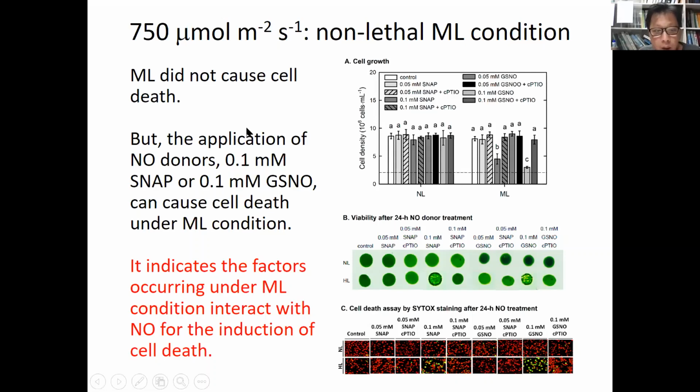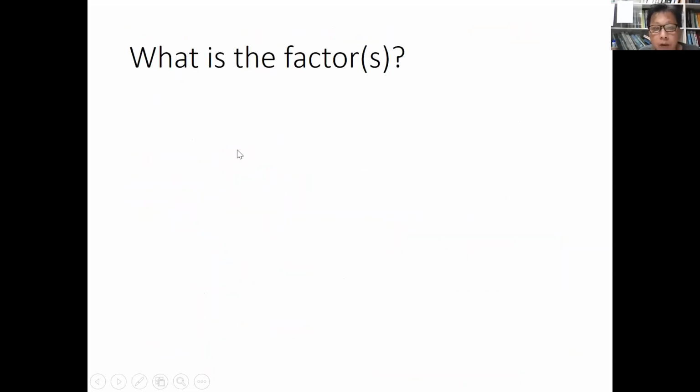But when we apply the NO donor at 0.1 millimolar, it causes cell death under middle high-light condition. So it means that some factor occurring under middle high-light condition may interact with the NO for the induction of cell death. Okay, so what is the factor or factors?